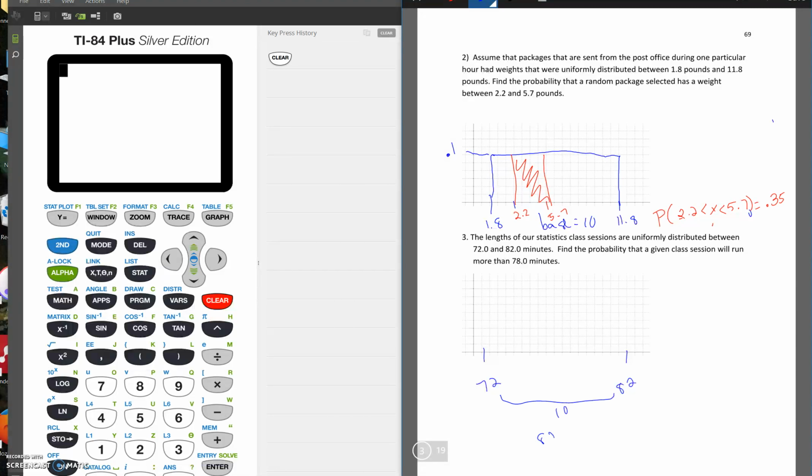If we do 82 minus 72, we get 10. So our height is going to be 1/10. The height will always be 1 divided by how wide your base is. So 1/10 is 0.1 again. So this will be up at 0.1.